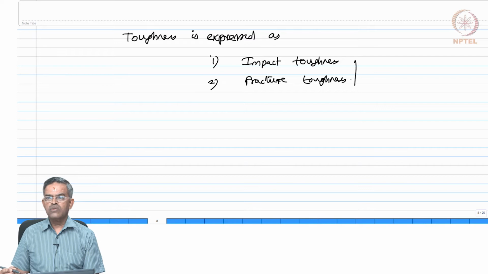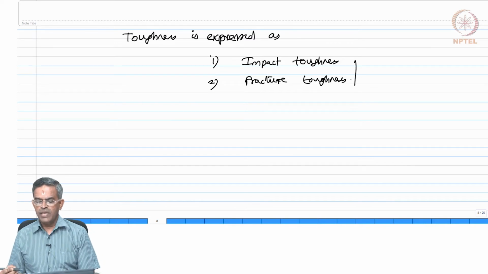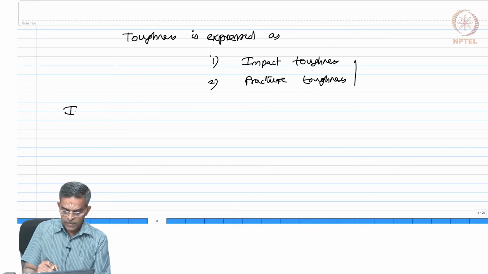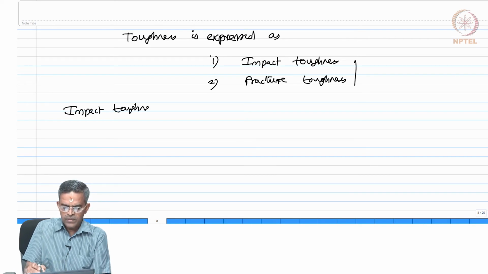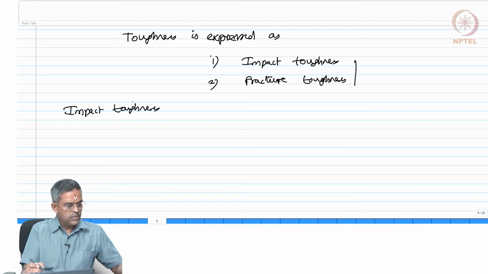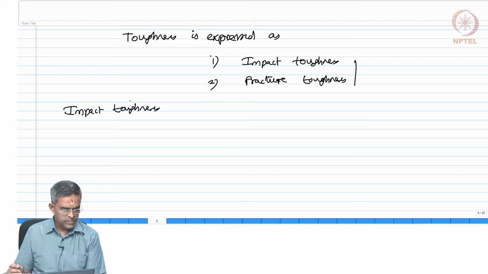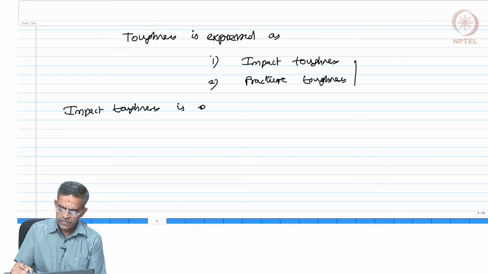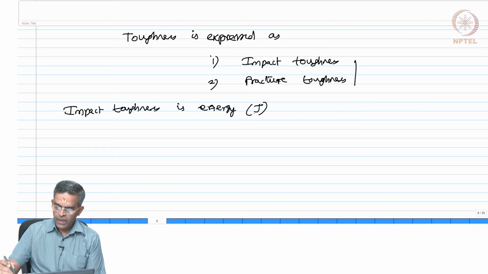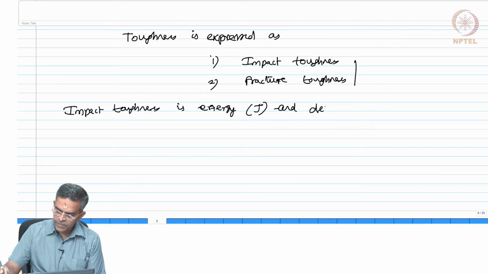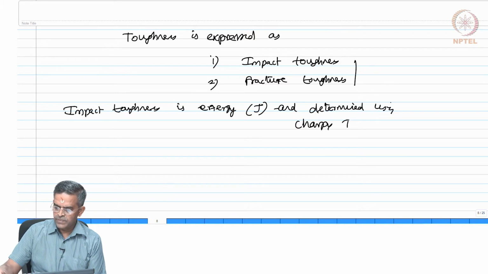Let us quickly also try to recollect the meaning of these two toughness. Impact toughness is the energy measured in joules and determined using Charpy's impact test.